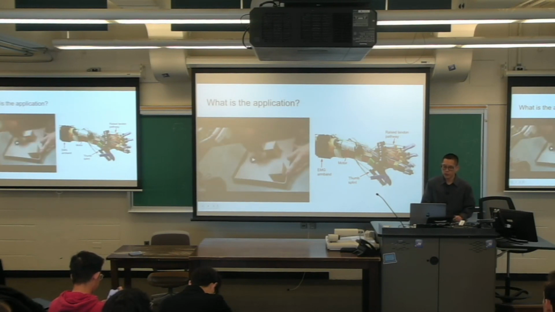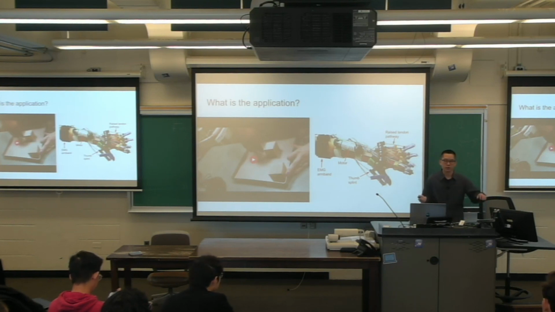So what we do is we develop this hardware, this device. It's an orthosis exoskeleton device that has an EMG armband as our sensor. EMG is short for electromyography. It's basically the muscle signals of your muscle activities, and this armband is able to measure the electrical signals of these activities.